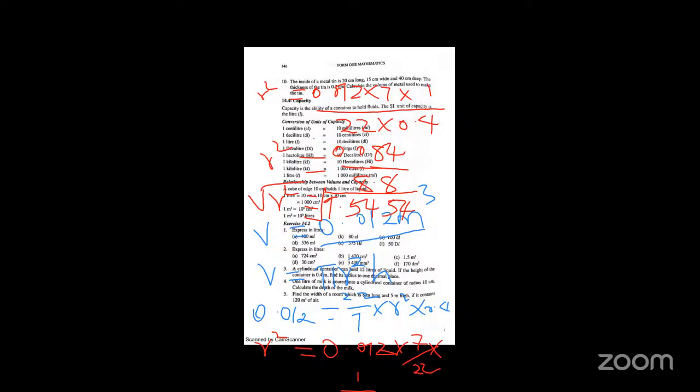So what would be the square root of that? So r will be equal to 0.0977.